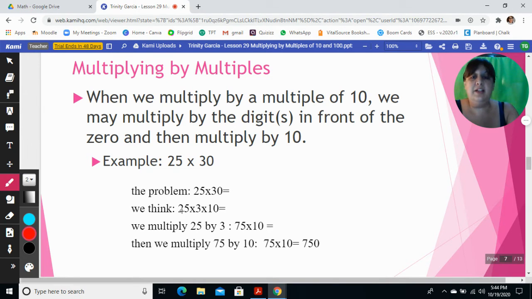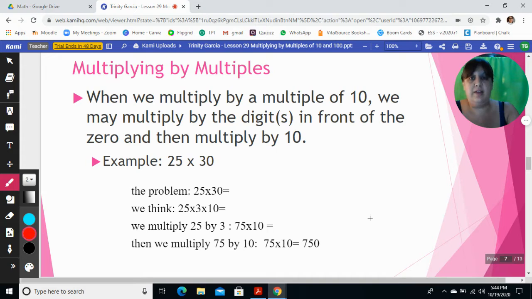We think about it like 25 times 3 times 10. We multiply 25 by 3, and we get 75, so we do 75 times 10. When we multiply 75 by 10, we get 750.